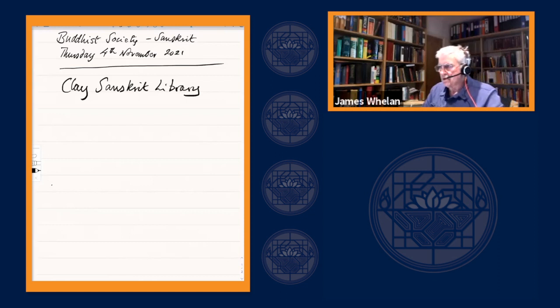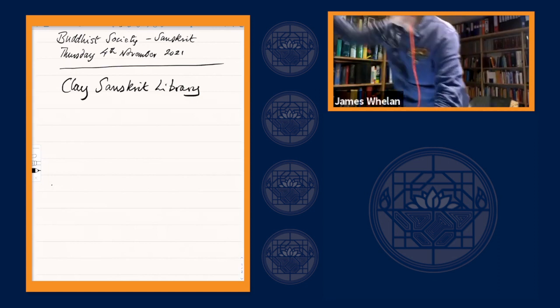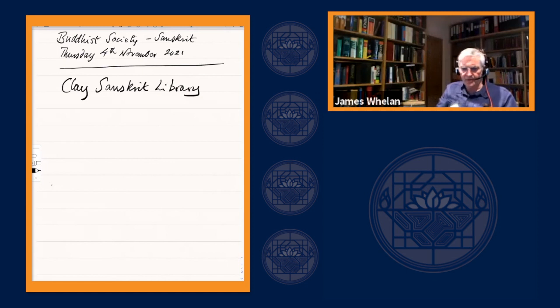If you just Googled Clay Sanskrit Library, it's a fantastic library of Sanskrit books. It's got the Sanskrit and Romanized Sanskrit on one side of the page, and an English translation on the other side. It's very, very competently done. Let me just pull one at random off a shelf here. What's this one? Just the Emperor's Sources.